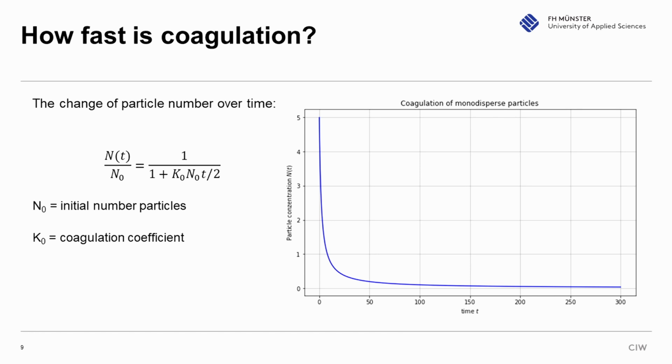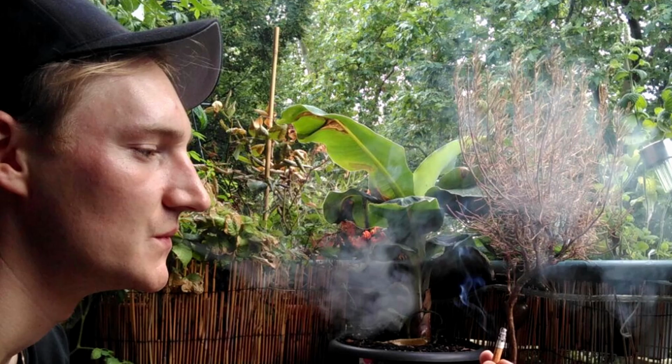And this is probably not very surprising. It is extremely fast at the beginning, and then it levels off. If we go back to my brother-in-law, we see this picture, and now you imagine somebody in a room smoking. All of you know that the dust, the haze, decreases very fast. We see the smoke at the beginning, but it takes not much time until it dilutes.